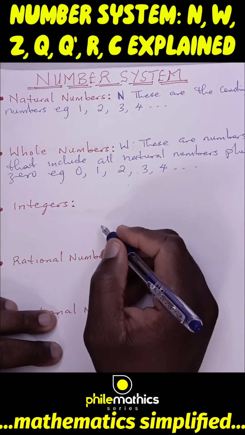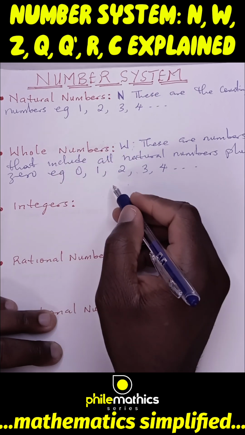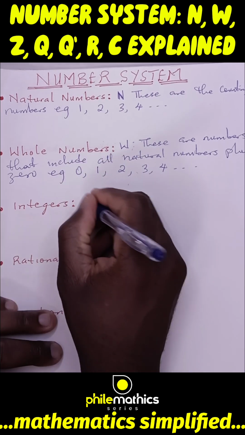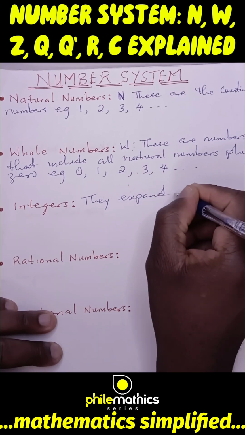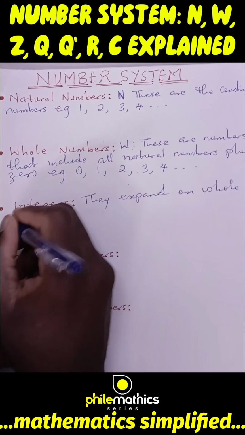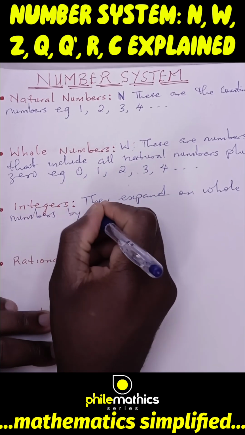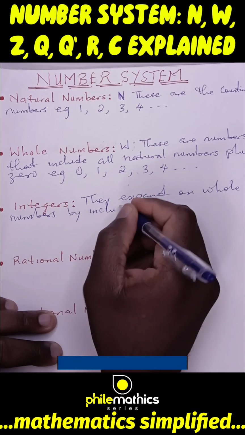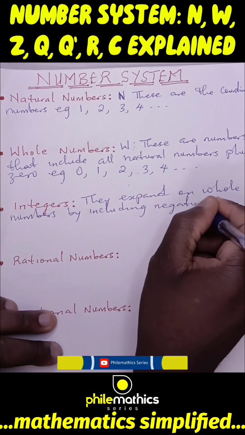The integers. The integers expand the whole numbers and include negative numbers. They expand on whole numbers by including negative numbers.